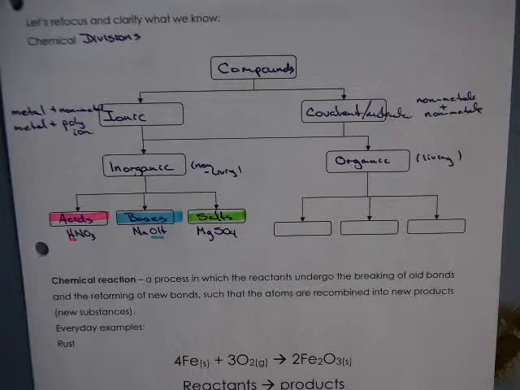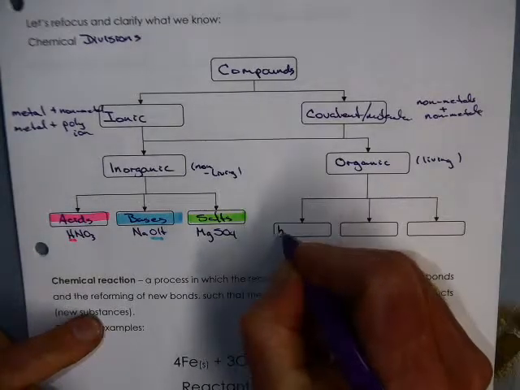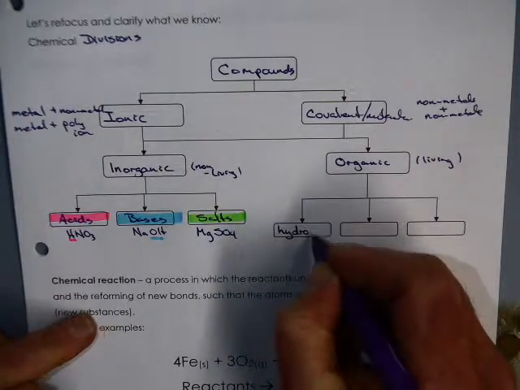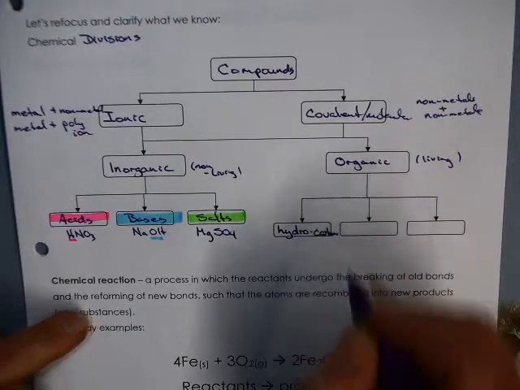Okay? On the organic side, we haven't talked about this much, but I'm going to clue you into this. This is something more for Chemistry 11, but we said that there were a couple of groups. There were things that are called hydrocarbons, and you guys have actually seen these, and you didn't know it.